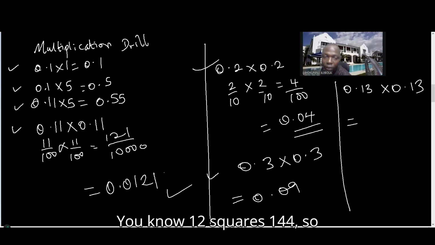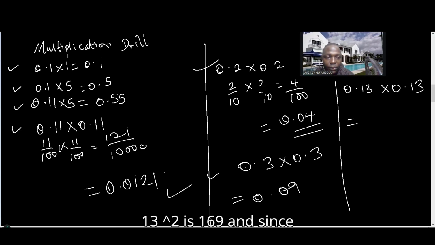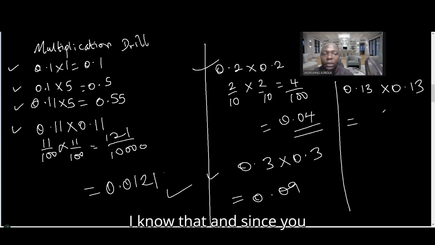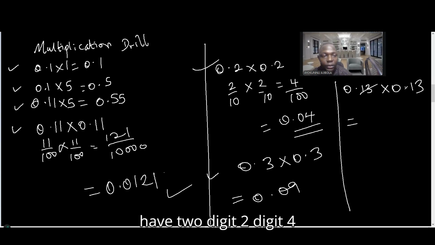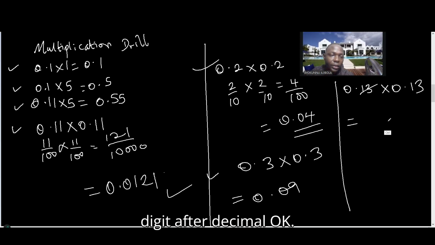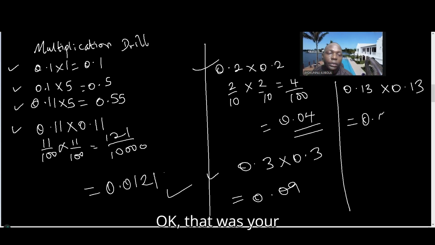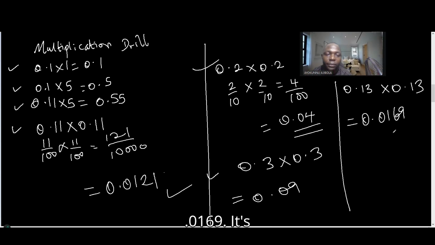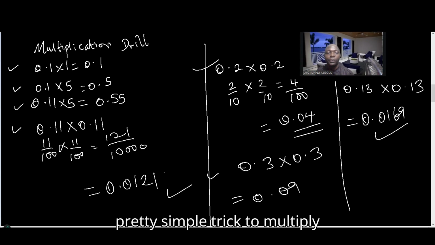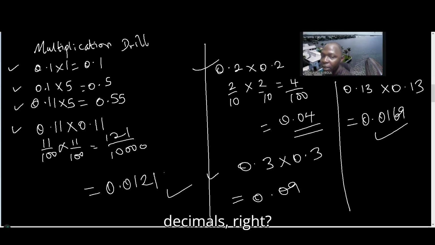You know 12 squared is 144. So 13 squared is 169. And since you have 2 digits, that means there will be 4 digits after decimal, okay? That will be 0.0169. That's a pretty simple trick to multiply decimals, right?